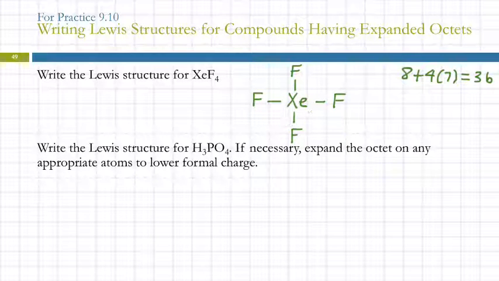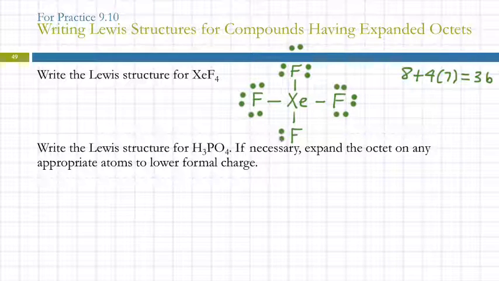So I've got 2, 4, 6, 8, 10, 12, 14, 16, 18, 20, 22, 24, 26, 28, 30, 32. I got 4 more electrons. Put them on the xenon. So I'll put a lone pair over here and a lone pair in there. That's it.